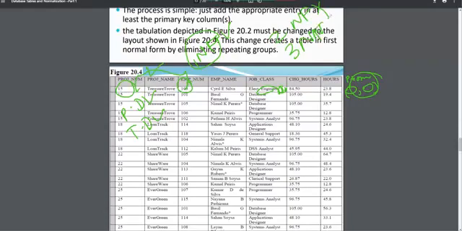No. Why is this not in second normal form? Partial dependencies. If it is not in second normal form, we can automatically consider that the higher normal forms are also not followed. Hope you understand these logics. Basic understanding of these concepts is very important.